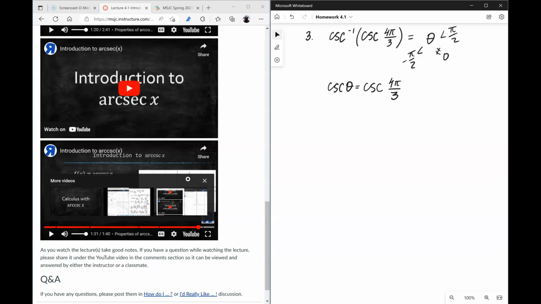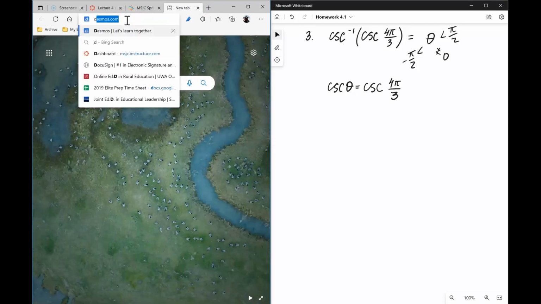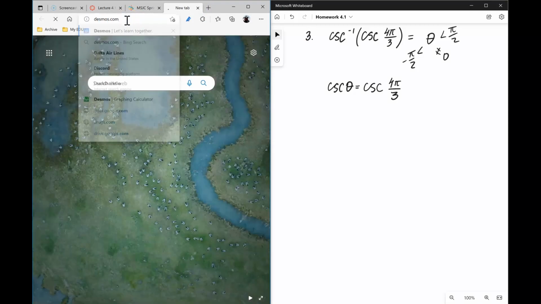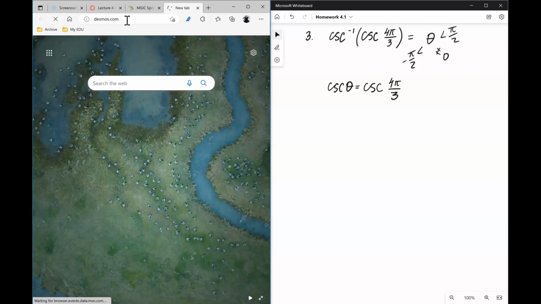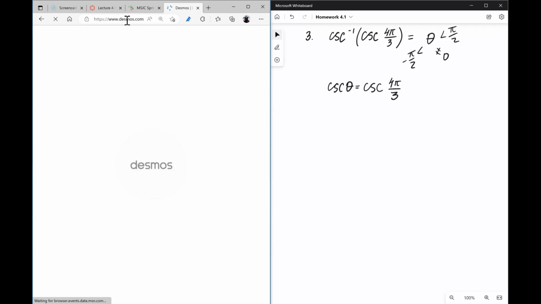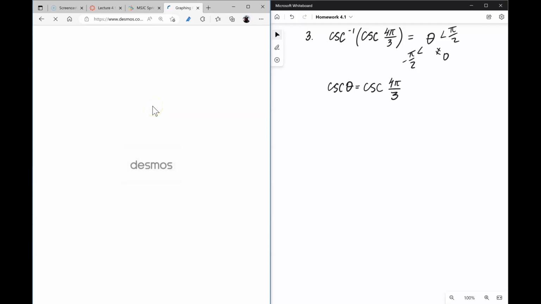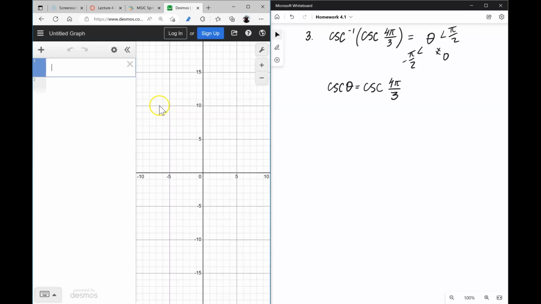Now, an alternative approach to unit circle will be to actually graph this function, and let's go here and try Desmos. So we're looking for a value between negative pi over 2 and pi over 2 that is equal to cosecant of 4 pi over 3.